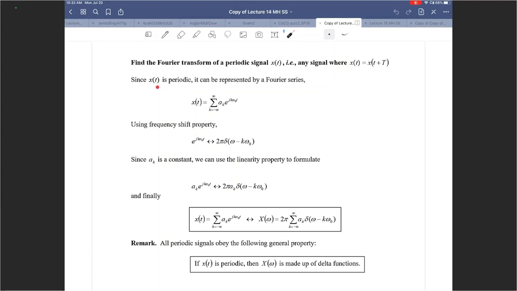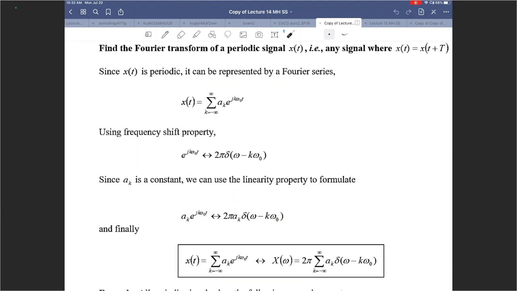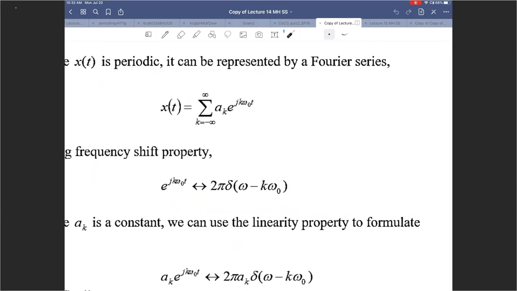And since x of t is periodic, we can express that as an exponential Fourier series, as a summation like this, where x of t is a sum of Fourier series coefficients a sub k that are multiplied by the orthogonal set of functions, which are exponential Fourier series in this case, e to the jk omega naught t, where omega naught is simply 2 pi divided by cap T, where cap T is your time period of the periodic signal. So we know this from before.